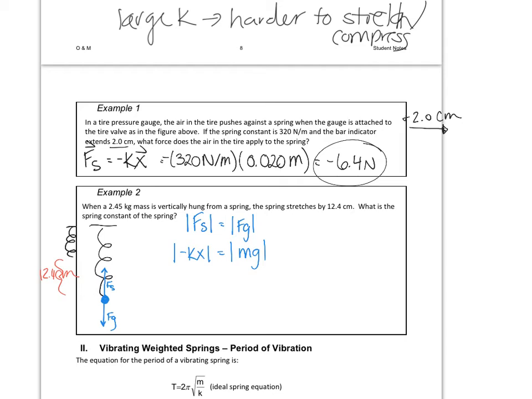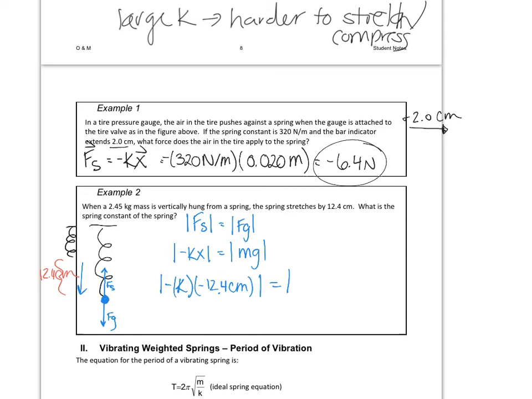All right, so the absolute value of negative K times X, because it has stretched 12.4 centimeters down, X is negative 12.4 centimeters.